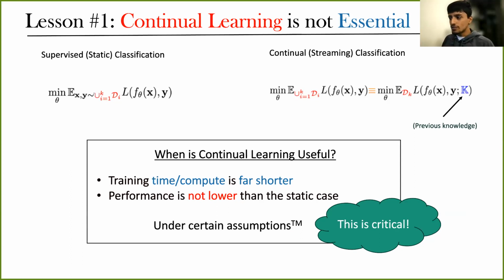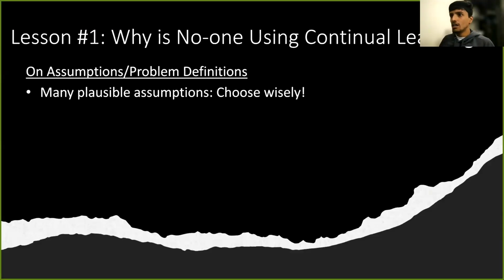To make continual learning useful, we need to evaluate continual learning algorithms under certain assumptions. And those assumptions are where the nitty-gritty comes in. This is why continual learning algorithms currently are not as great, and I think they can be made much better. Let's start with aligning assumptions. Why is no one using continual learning?